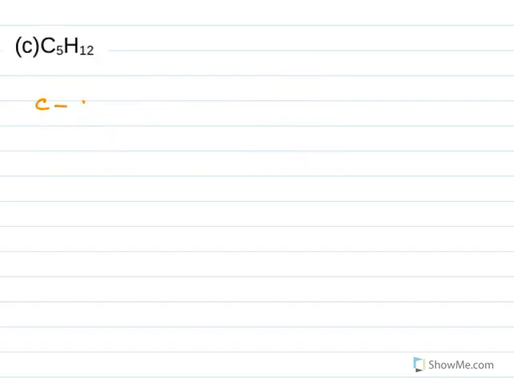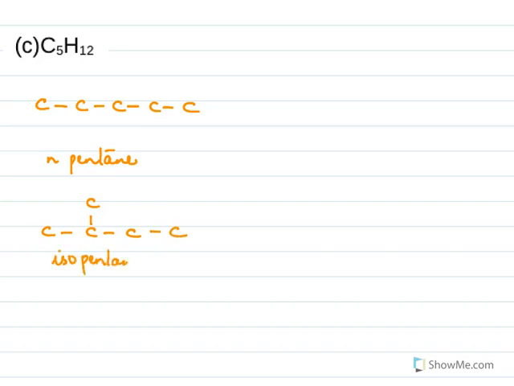Now this is pentane. 1, 2, 3, 4, 5. n-pentane. Then we could do 1, 2, 3, 4, 5. This is isopentane, because the attachment is on the second carbon. And then we have the neopentane, where you have 1, 2, 3, 4, 5.